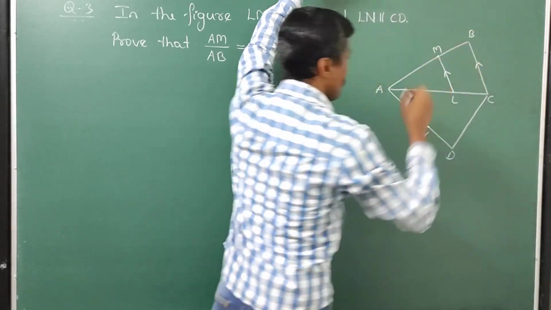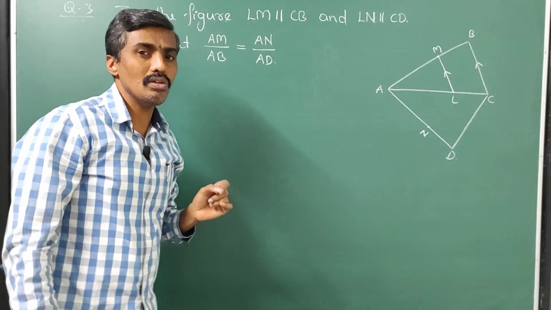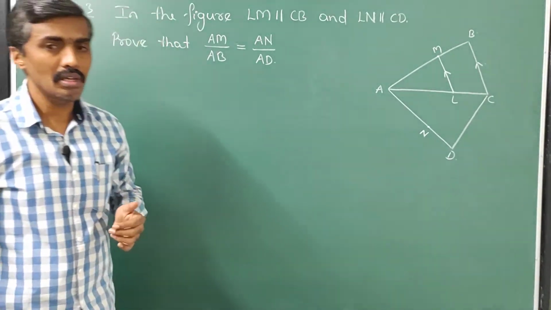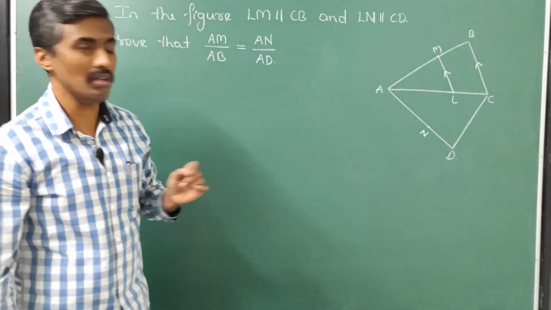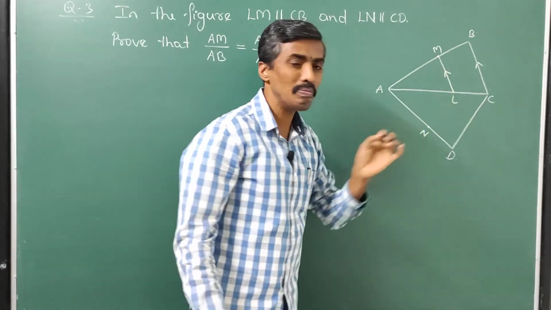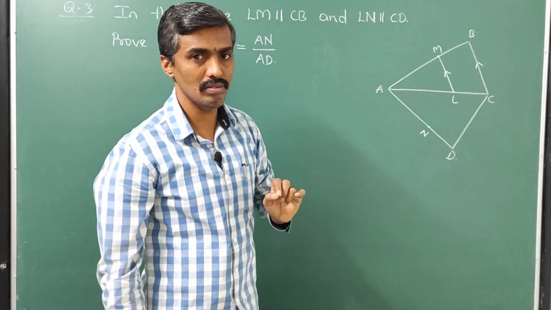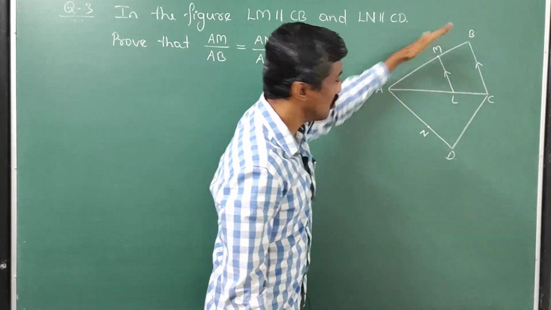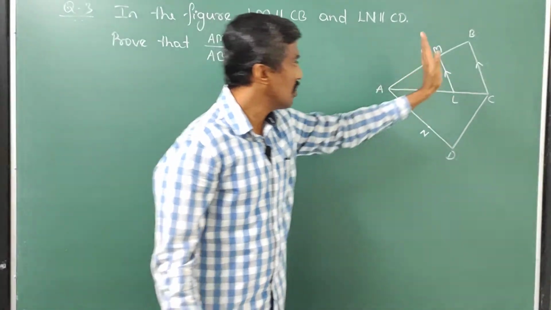I already told you this problem is based on Thales theorem. Let me recall what Thales theorem is. Thales theorem states that if a line is drawn parallel to a side of a triangle, then that line divides the other two sides in the same ratio. Here the other two sides are AB and AC.